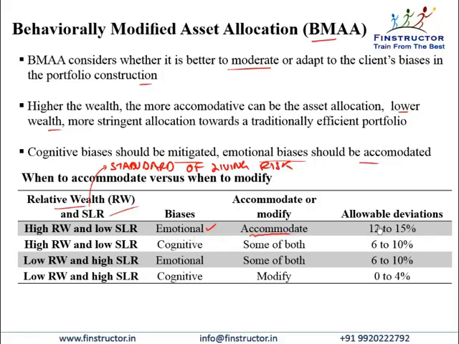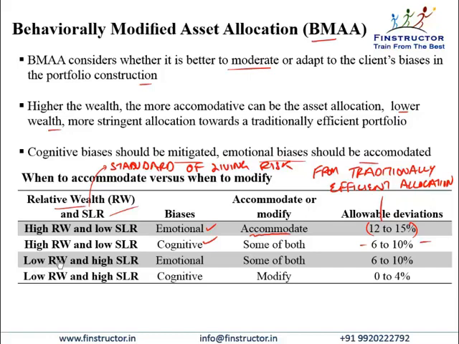So you can allow a deviation of up to 12 to 15% from the traditionally efficient allocation. If he has high relative wealth and a low standard of living risk and biases are primarily cognitive, then you can accommodate and modify. Some biases would be easy to mitigate by education. So you are allowed a deviation of up to 6 to 10% from the traditionally efficient allocation.